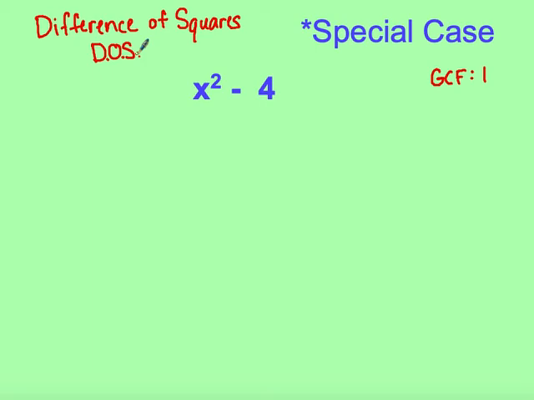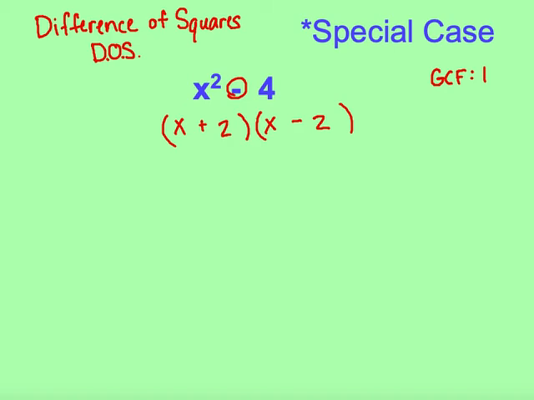How a DOS works is when you factor a DOS, you're always going to have one plus and one minus because of that minus 4. The x squared is going to factor into x and x, and then 4 becomes the square root, 2 and 2.